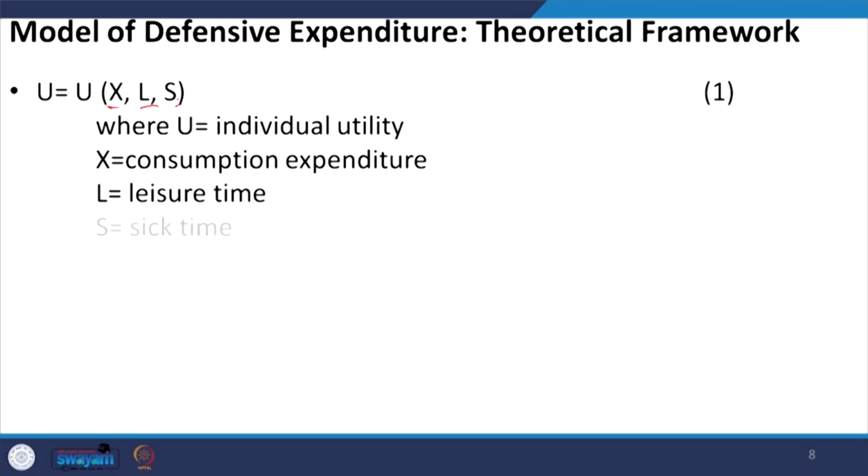And the third variable that is also impacting his utility is how many times the person is suffering from any kind of sickness.